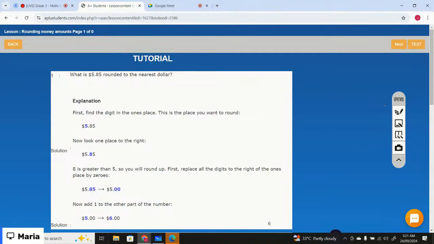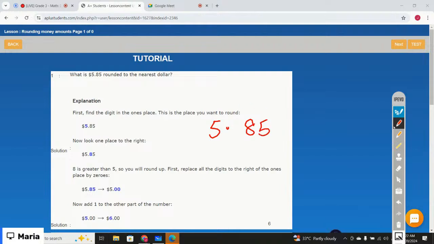What is 5.85 rounded to the nearest dollar? That is $5.85, right? You need to round on the decimal.